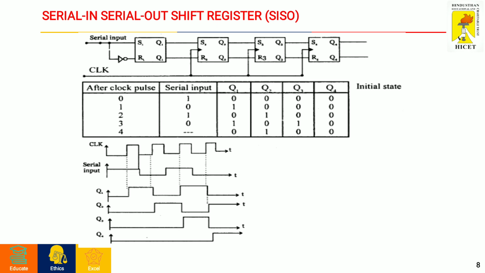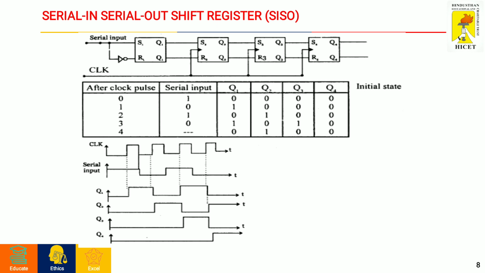Now for the first clock pulse, if the input is 0, the output is going to be 1000, and for the second clock pulse, if the input is 1, the output is going to be 0100, and for the third clock pulse, for the input 0, the output will be 1010, and for the fourth clock pulse, if the input is 1, the output will be 0101.